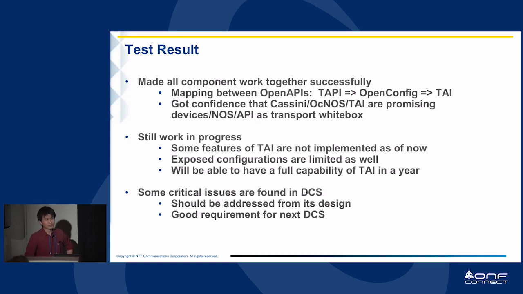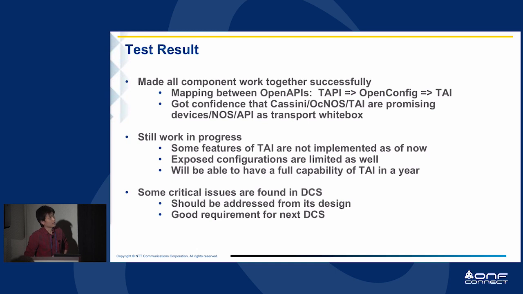As a test result, we finally made ODTN and the Cassini box work together properly and provided them as a venue successfully. To be honest, we had only two weeks to implement the driver of the Cassini box and integrate them, but we completed it in time, even though it seemed a long way to go, because we used only open APIs like TAPI, OpenConfig and TIE.